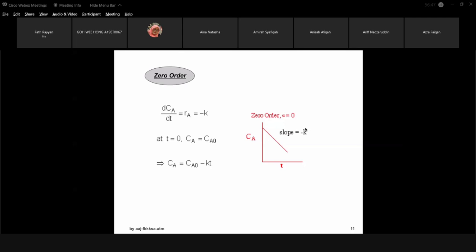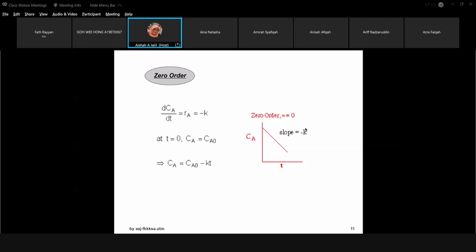In the differential method, you have to calculate the graph, or you can do a different calculation. Then you have to plot the graph y equals mx plus c. But in the integral method, you just assume. We have three orders, right?